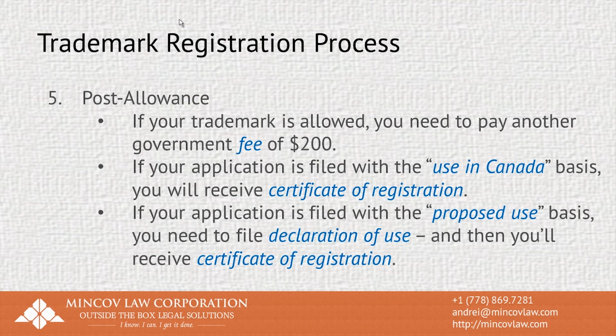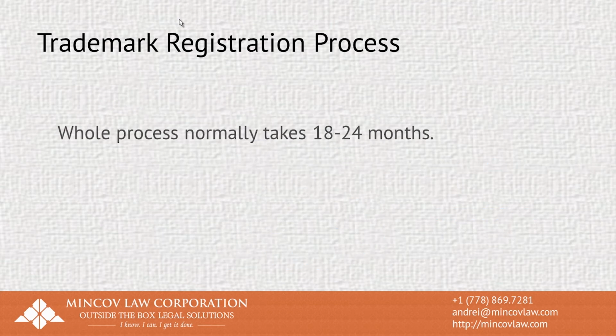Once you file the declaration, you will get the certificate of registration. Again, this is a long process that normally takes anywhere between 18 and 24 months. If you are lucky enough not to receive an office action, you may be done in about a year. If you are unlucky to attract an opposition proceeding, the process may take as long as 3 to 5 years.